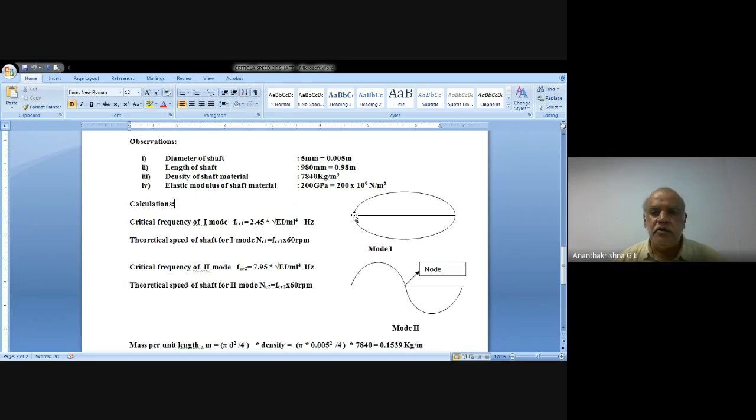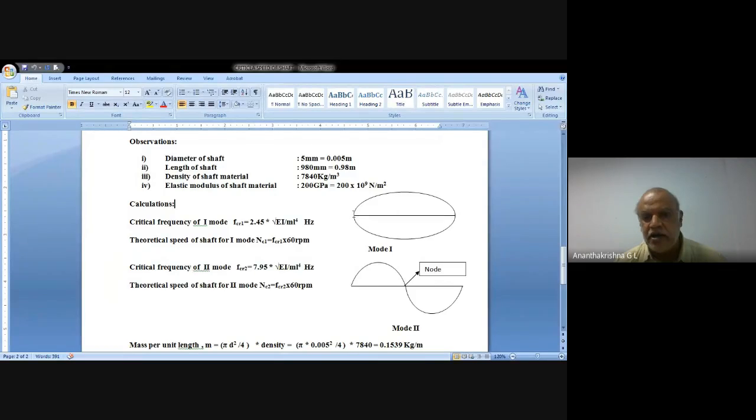Anyway, if this horizontal line represents a shaft which is mounted between bearings, when this shaft starts rotating, because of eccentricity, it is going to have a bend on either side of the centroidal axis. The beam will bend like this during rotation.